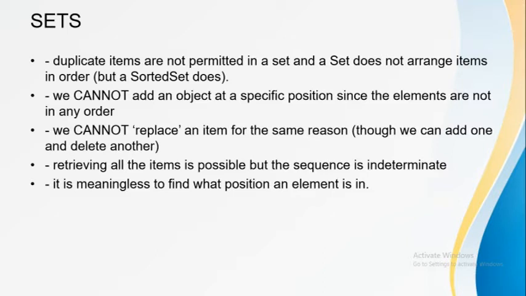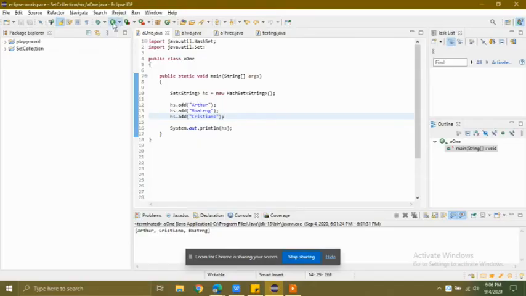You cannot add an object to a specific index because all the elements are not in any order. And in the third bullet, we cannot replace an item for the same reason, though we can add one and delete another. In an example, I will show you this one.